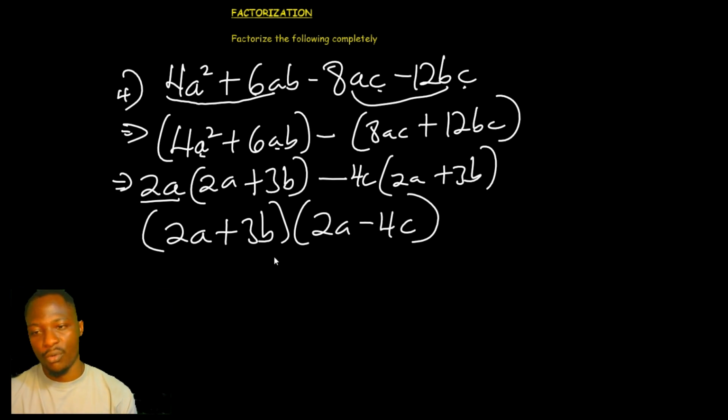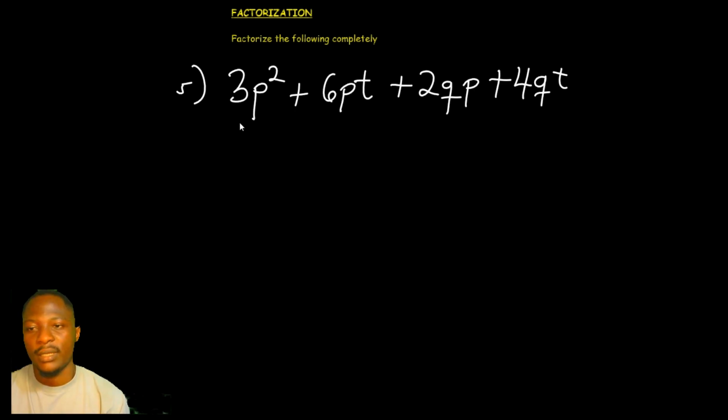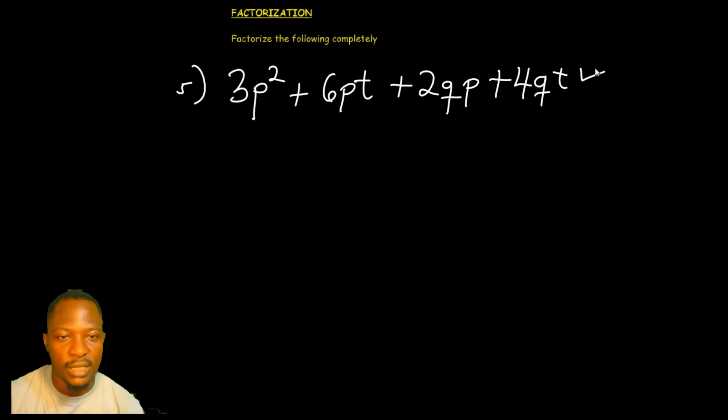So you can go ahead and try and expand the bracket to see whether you're going to get the original expression. The last question we are going to consider is 3p squared plus 6pt plus 2qp plus 4qt.